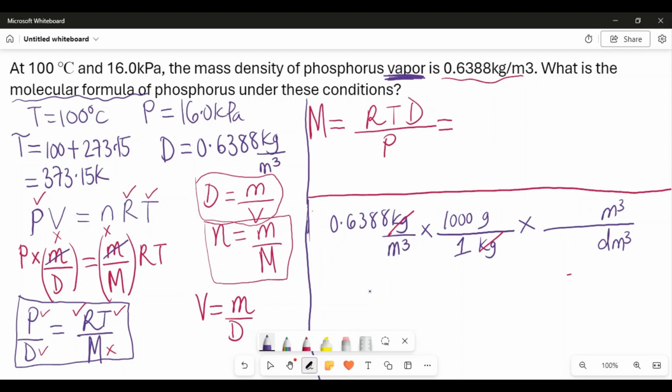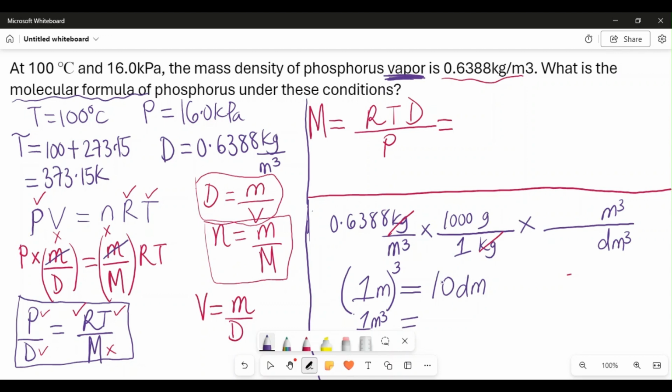We have to know this, going back to basic math and unit conversion: 1 meter is the same thing as 10 decimeter. So 1 meter cubed is 1 times 1 times 1, which is 1, and meter times meter times meter, which is meter cubed.